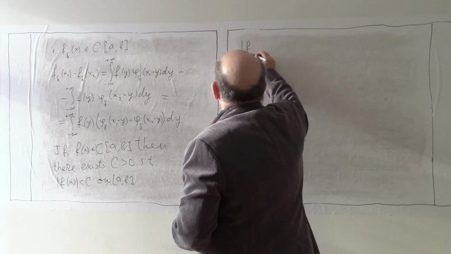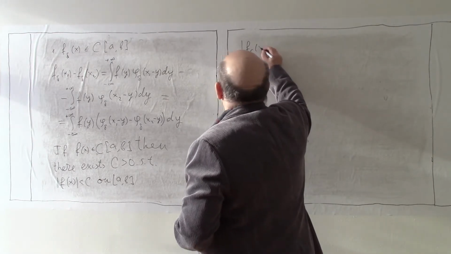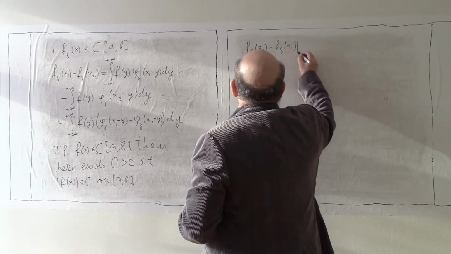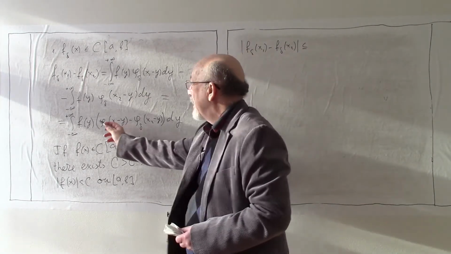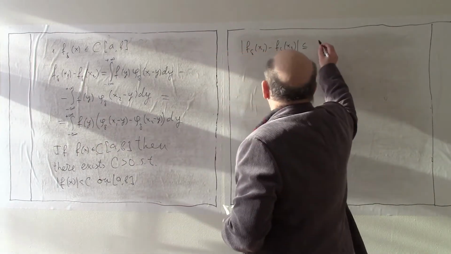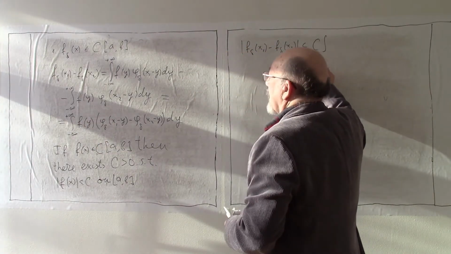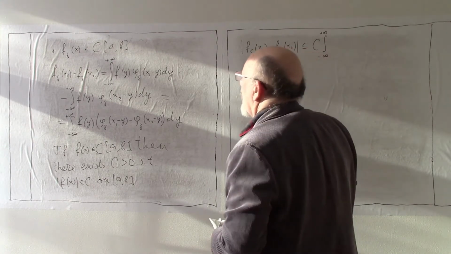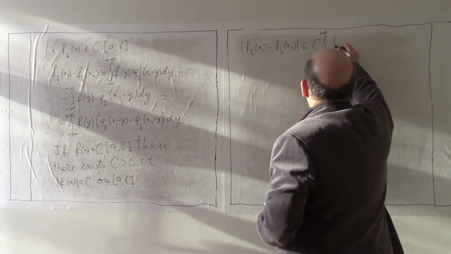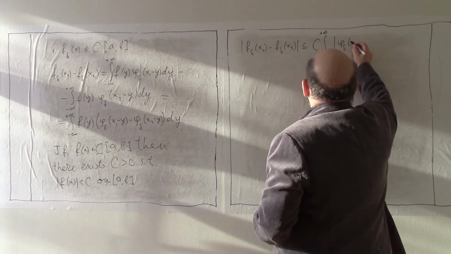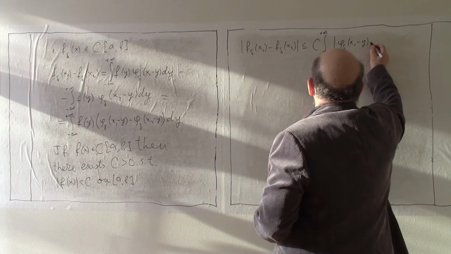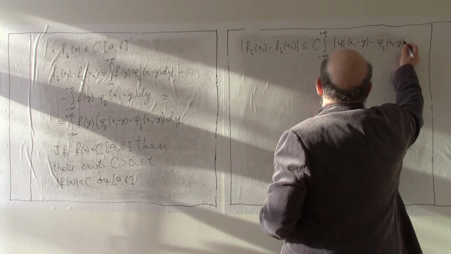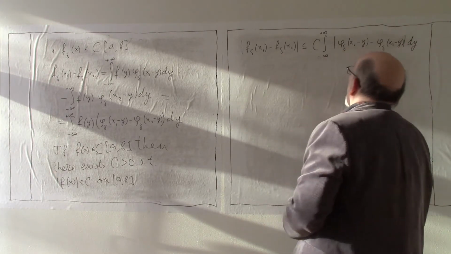Modulus f delta of x1 minus f delta of x2 is less or equal, so I substitute this f of y by this C, times the integral from minus infinity to plus infinity of the modulus of phi delta of x1 minus y minus phi delta of x2 minus y, dy.